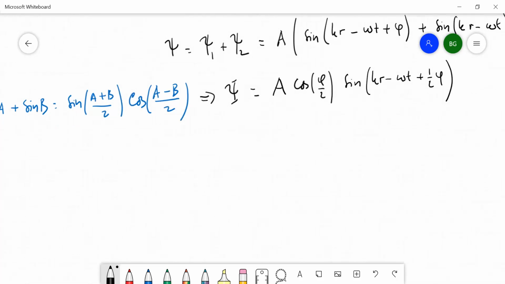So basically the intensity is proportional to this C squared. It's basically A squared cos squared.